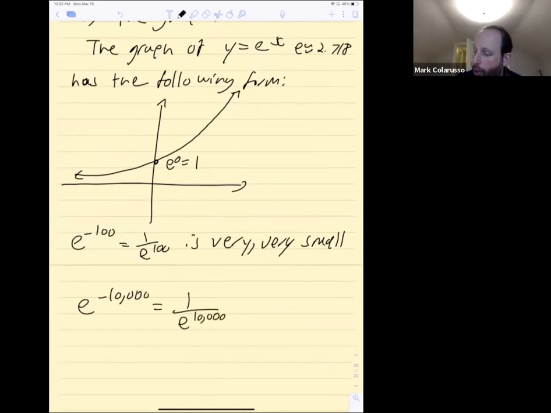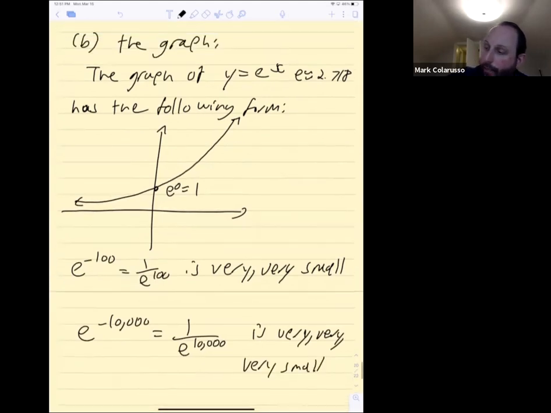E to the 10,000 is huge, so this is extremely, very, very small. So as you go out to minus infinity, the graph is going to get closer and closer to the x-axis, but never quite reach it. You just get smaller and smaller numbers. So this is the graph of e to the x.